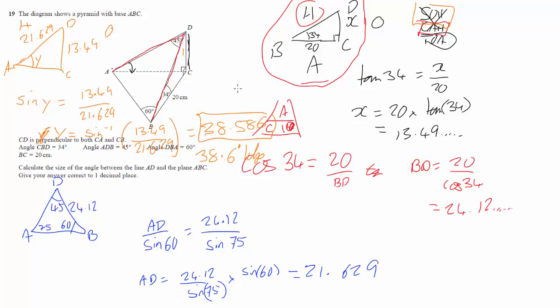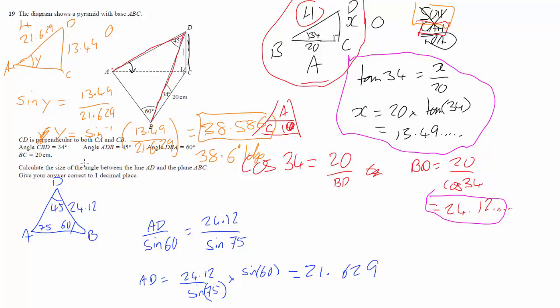In terms of where you get your marks from here, let's find purple, there we go. You're going to get a mark for this part, because that's a process mark to find the length of CD. Then you're going to get a mark for putting in the right numbers to find the length of BD. Whether you use Pythagoras or cos, it doesn't make a difference.